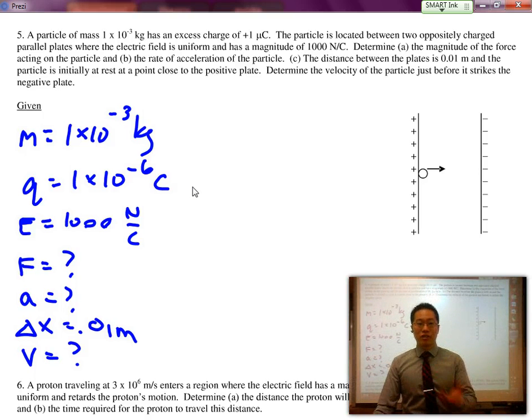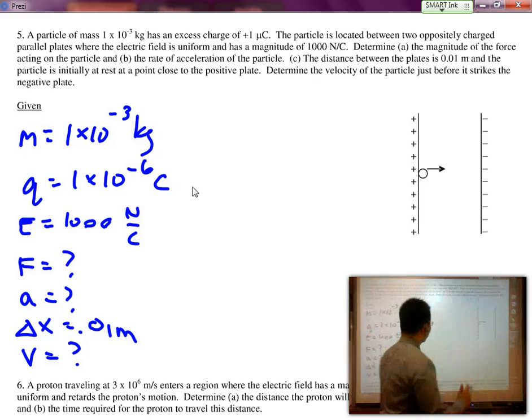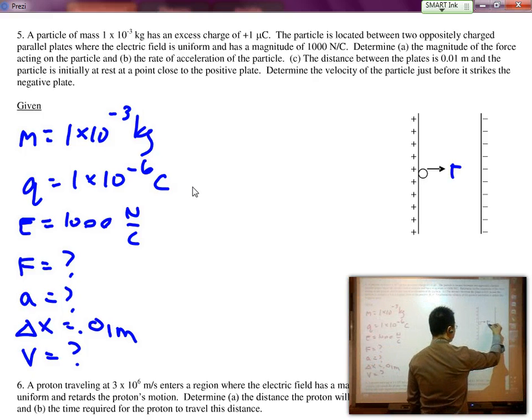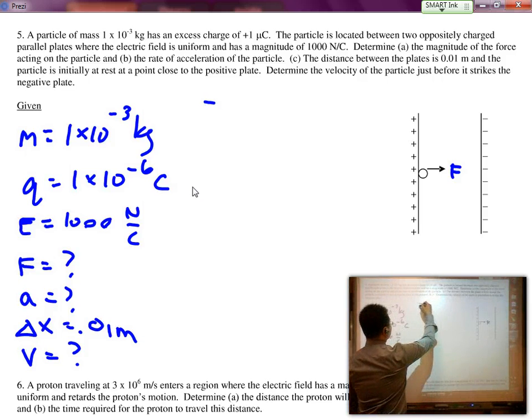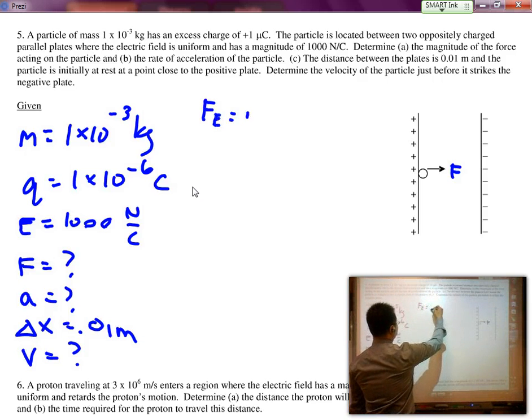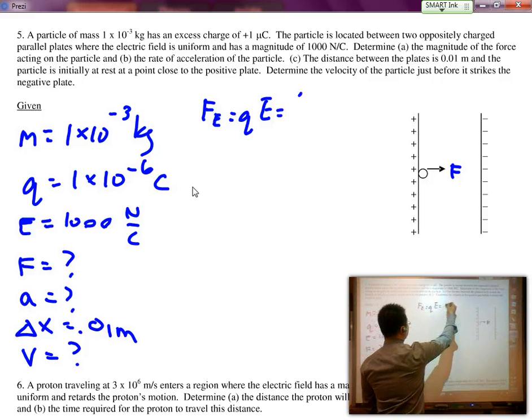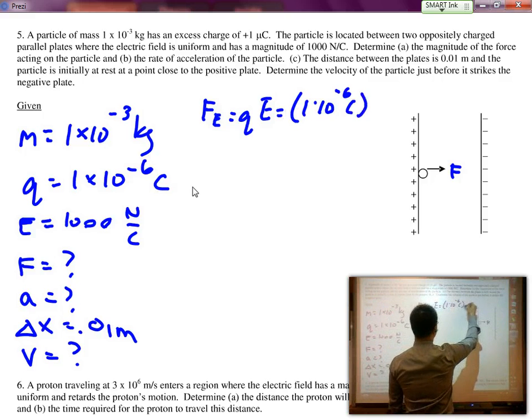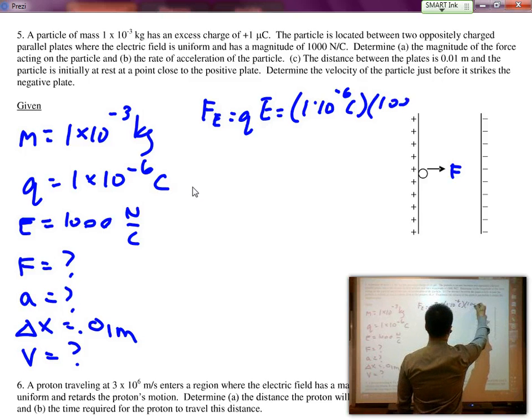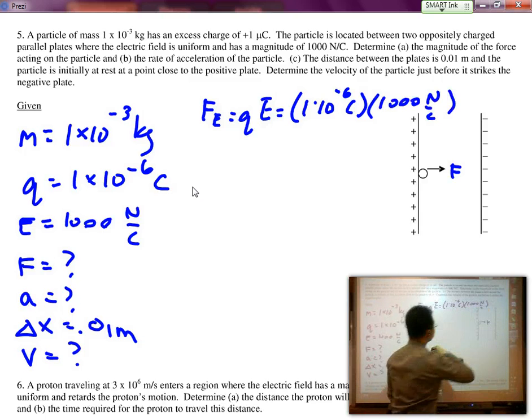In this case, we are neglecting gravity, and we have our one force accelerating it to the right. So the electrostatic force is equal to Q times E, so it's 1 times 10 to the negative 6 coulombs times 1,000 newtons per coulomb.